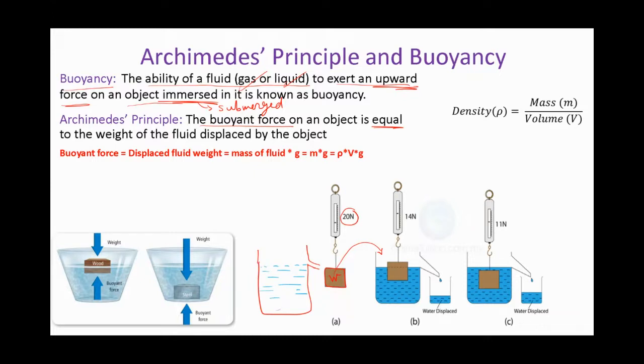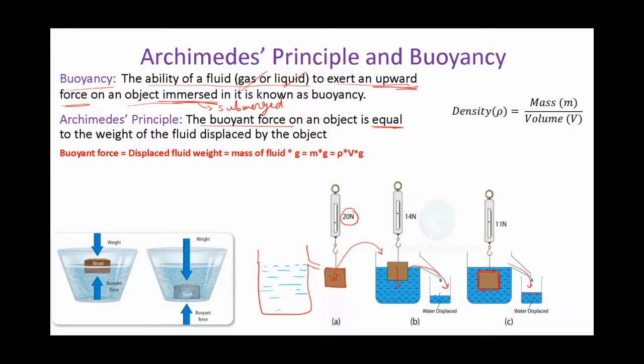Then when we put this block inside the water, first the water will overflow. The overflowing water will move and we can receive it in this cup. This is what we call displaced water. The more you submerge the object, the more water you get, until you fully submerge the object inside the water.